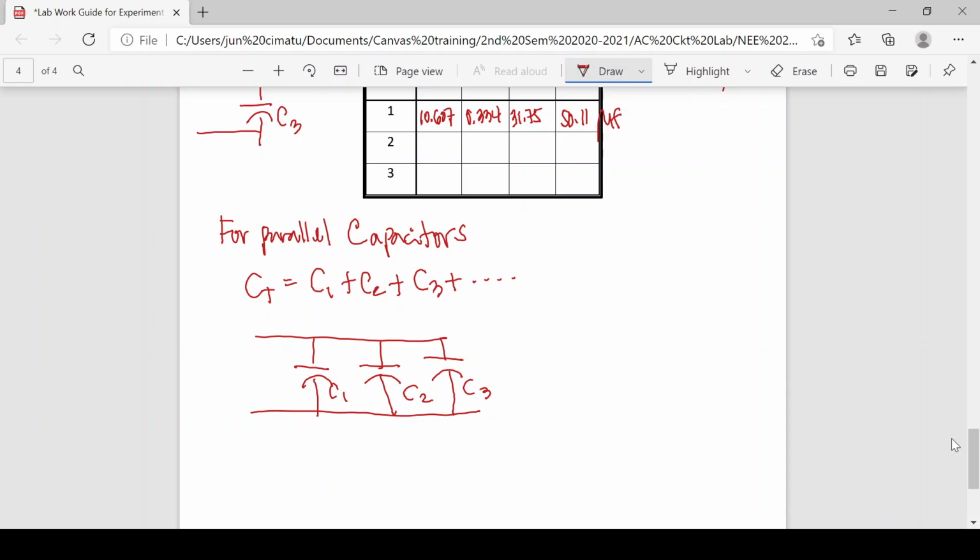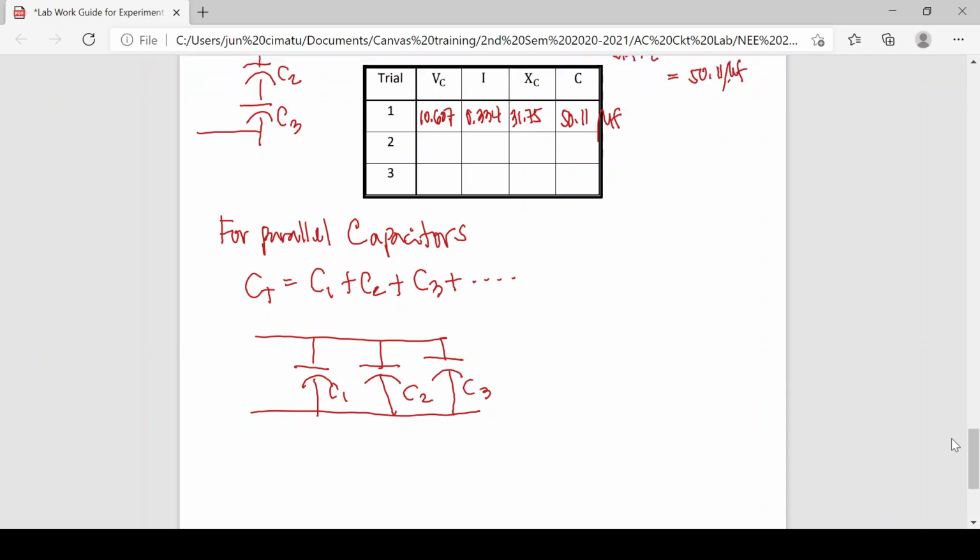This means that as we connect more capacitors in parallel, it increases the capacitance. Why? Because capacitance is directly proportional to the area of the plate and inversely proportional to the dielectric thickness, or the distance between the plates.